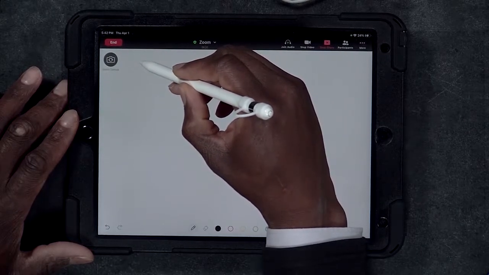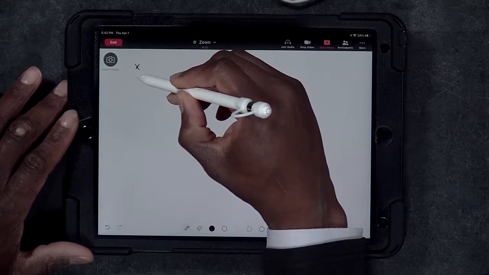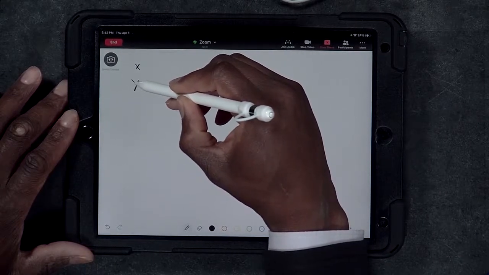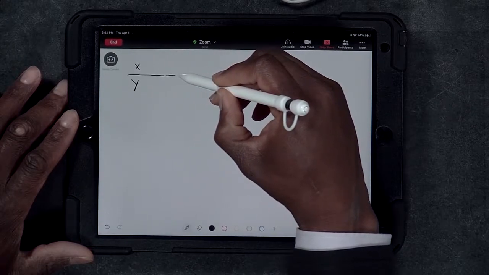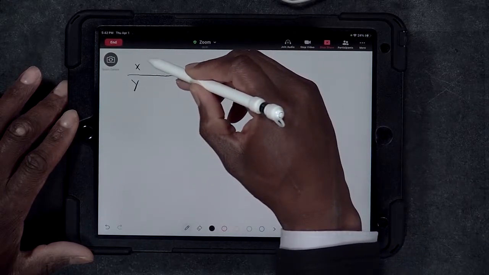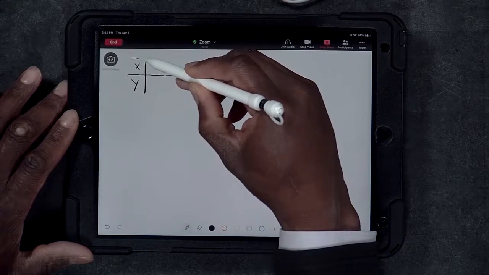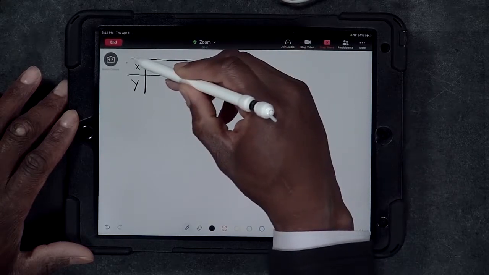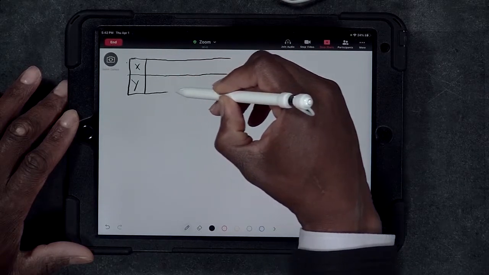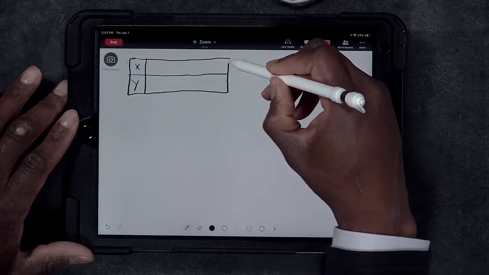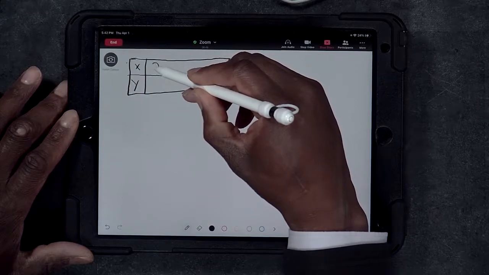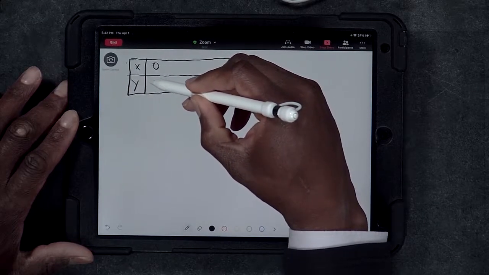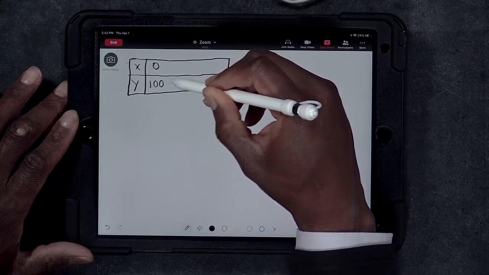All right, so let's say we've got x again, y again. Let's say we have 4 pieces of data this time. At x is 0, we have 100.